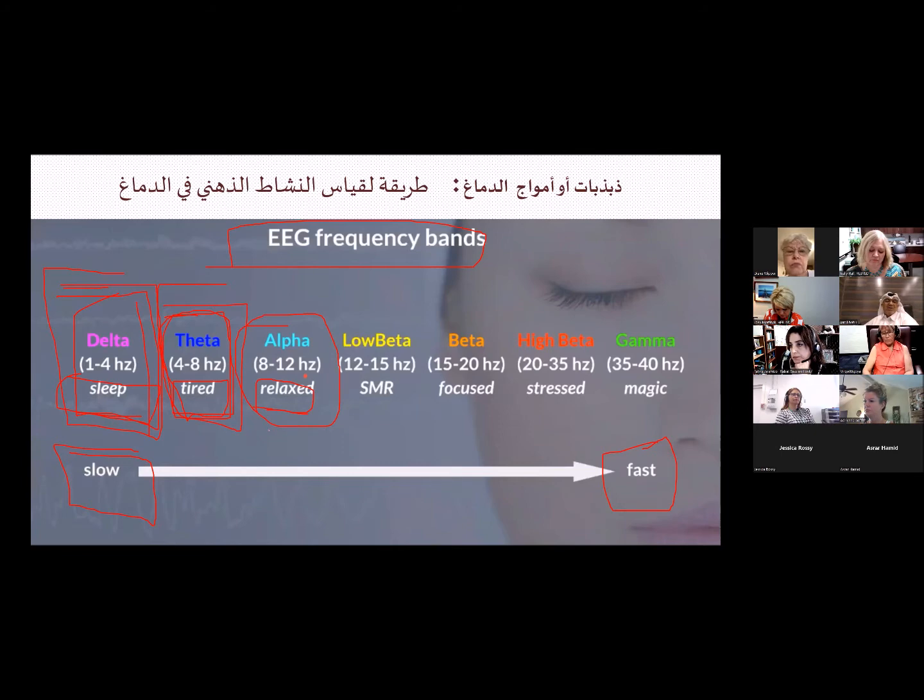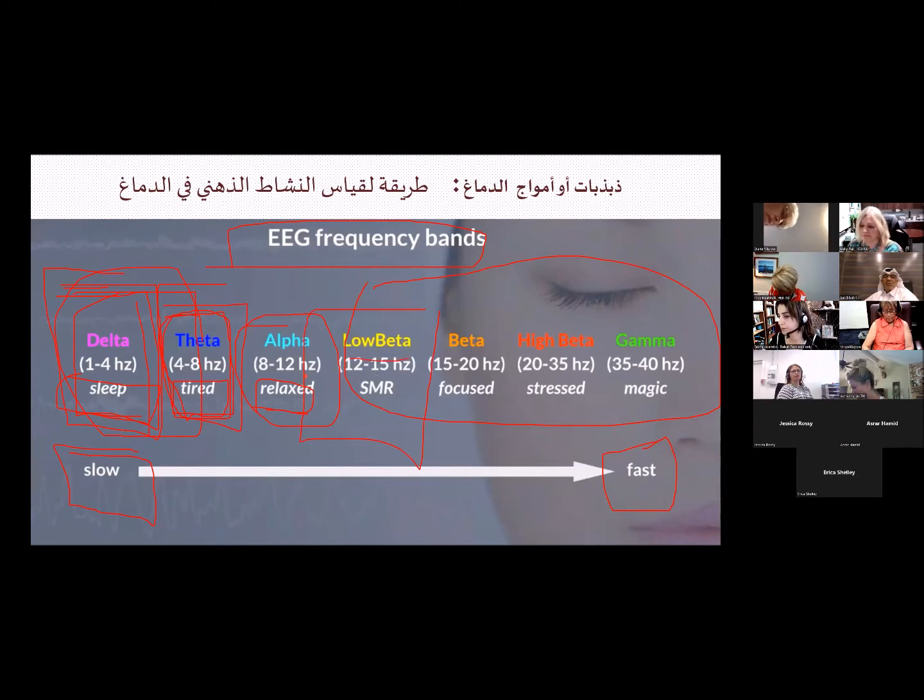Focused but alert. So we are not sleeping and daydreaming, and also we are not in a hyper thinking and arousal level. The next brain wave we call low beta, and it's when we are at 12 to 15 hertz. And we can see here SMR, sensorimotor rhythm.